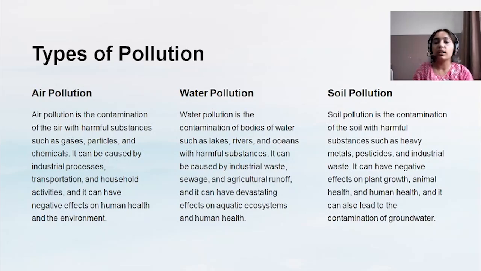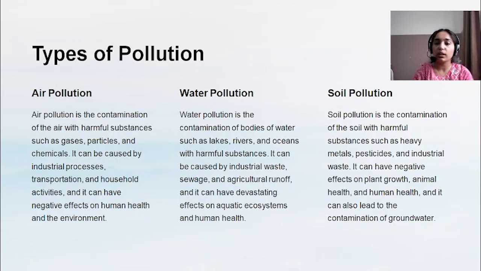It may also cause a negative impact on human health, as by increasing soil pollution, the fertility and productivity of the land keep diminishing, which may harm human health, animal health, and plant growth as well.